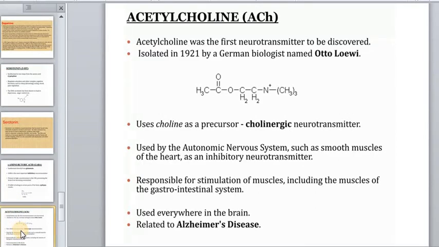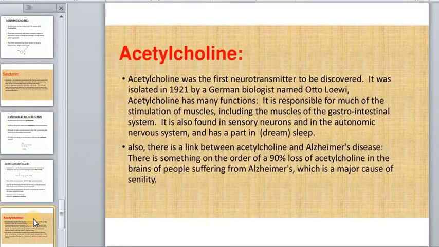Next one, acetylcholine, involved in sleep and memory within the brain, activates muscle contraction in the body, and it's also associated with attention and many other functions, and related to Alzheimer's disease if we lose this molecule.